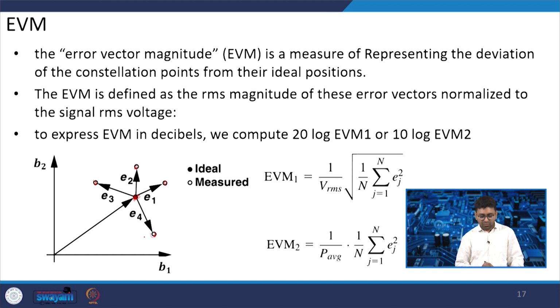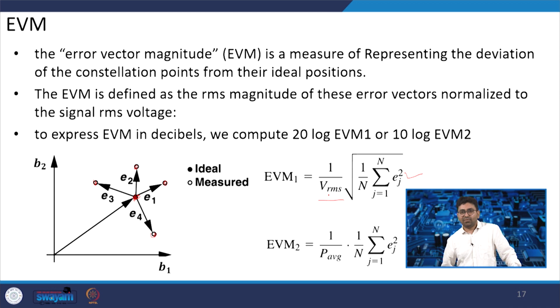So what we need to find is the distance or difference, which is called an error. This is what we want, and this is the error which is added. We need to find the error for each point, and that error is squared and divided by the number of points, and then the square root of that term is divided by the V RMS voltage.